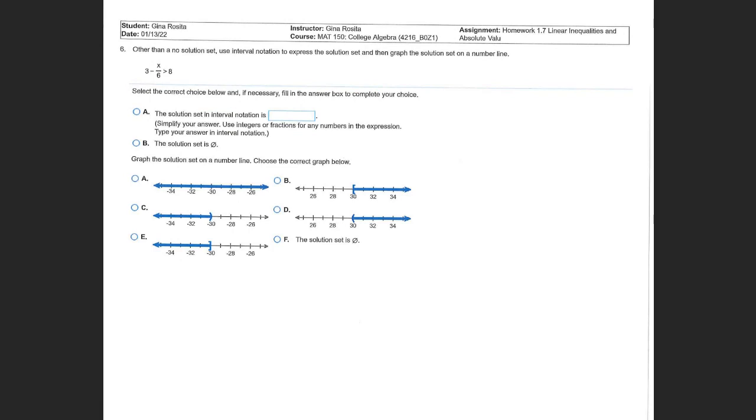Other than a no solution set, use interval notation to express the solution set and then graph the solution set on a number line. Now, the problem is 3 minus x over 6 greater than 8.